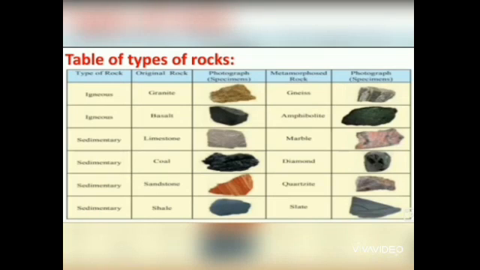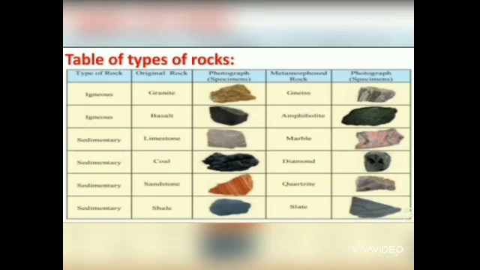Then you can also see the metamorphosed rock that has undergone changes in this chart. The first one is igneous, which is granite in the original form, and because of metamorphosis, it has become gneiss.